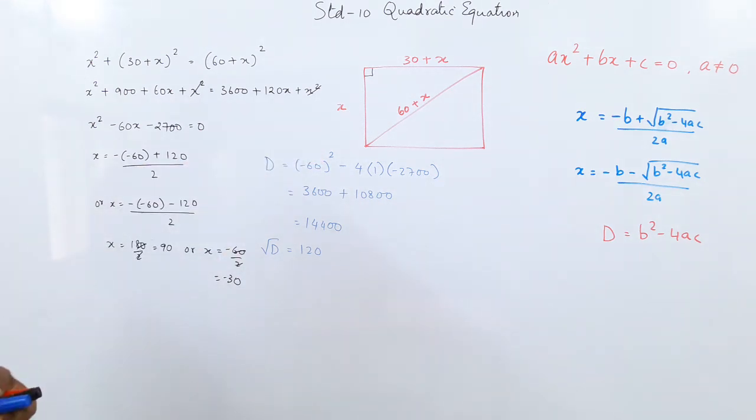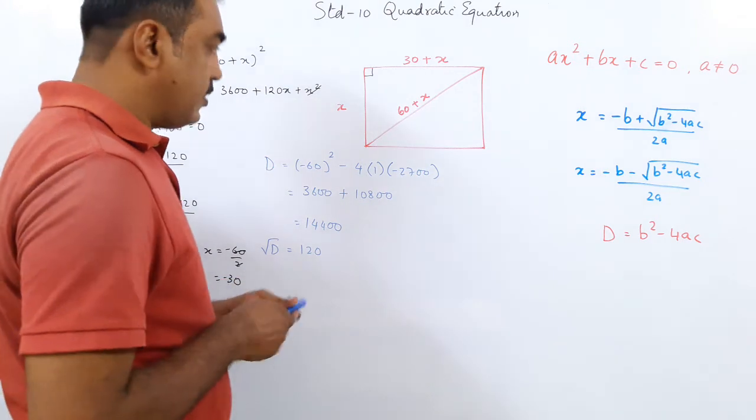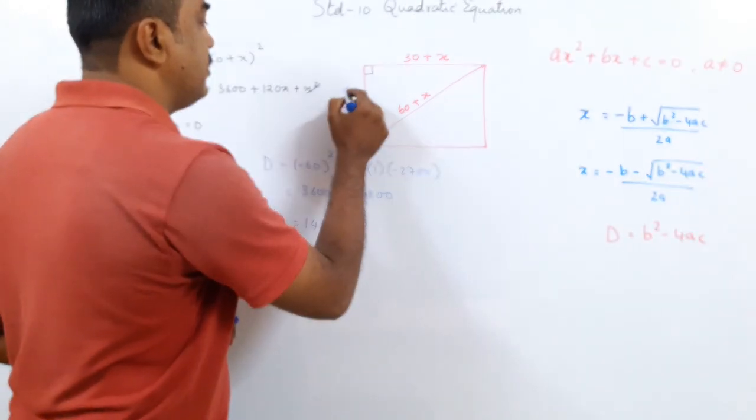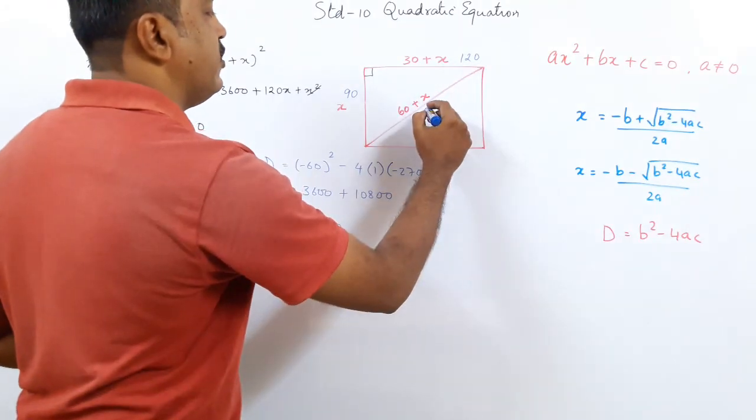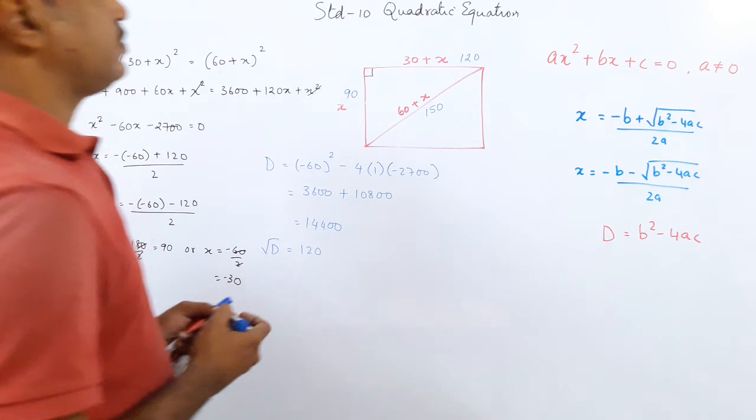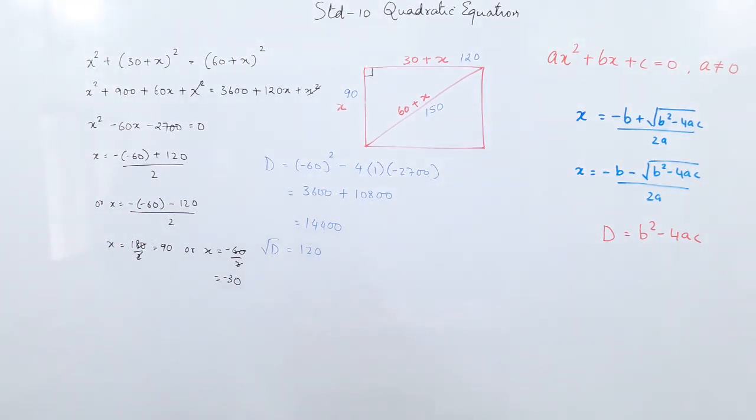Now the sum is not over yet, continue. The shorter side will be 90. So the longer side will be 120, and the diagonal will be 150. Okay? So you need to remember this. So the sides of the rectangle are 90, 120, and the diagonal is 150.